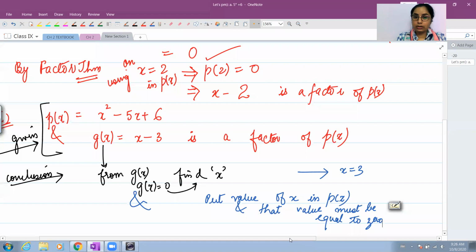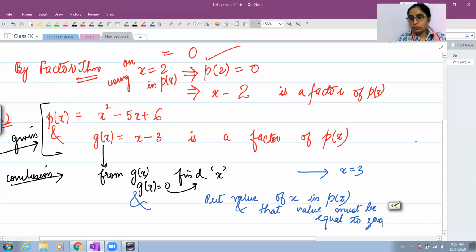So आपने जिससे divide किया है, जिसको आप factor बोल रहे हो, means उससे अगर division की जाती है तो remainder 0 आएगा. So what we will do is the polynomial by which we want to do the division, उसमें से हम x की value निकालेंगे, उसको अपने polynomial में put करेंगे और we can write that value equal to 0. चेक करने की जरूरत नहीं है, हम लिख सकते हैं, directly लिख सकते हैं.